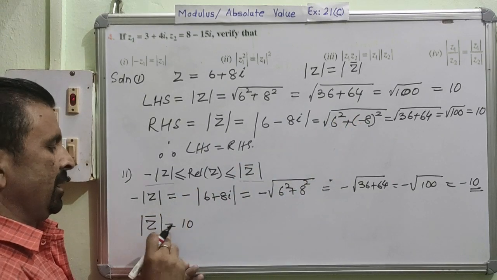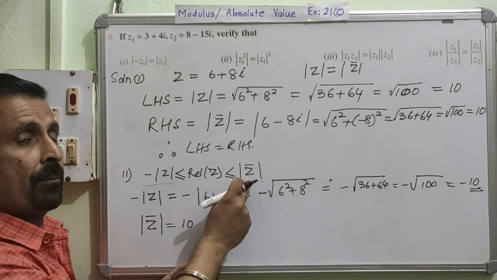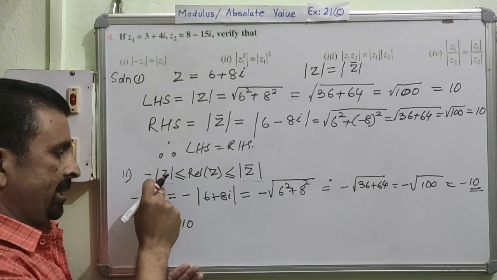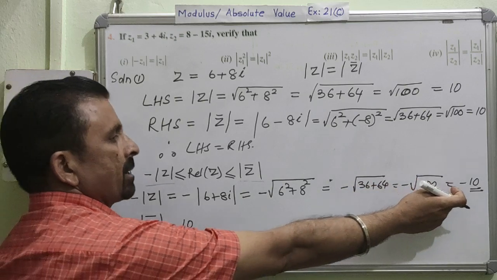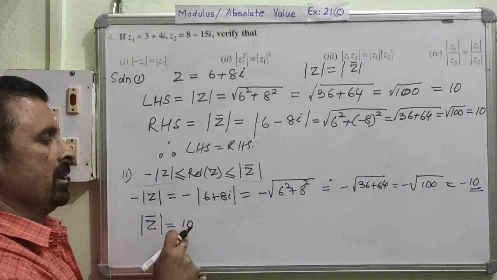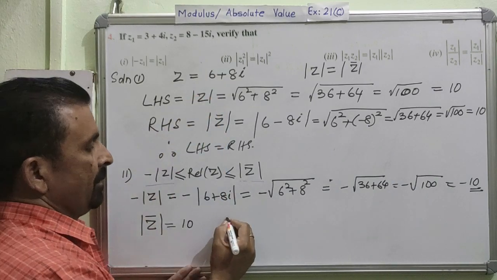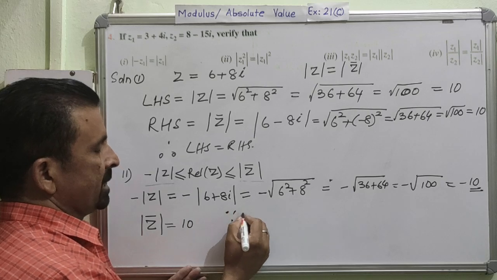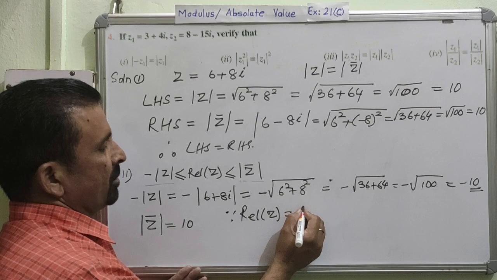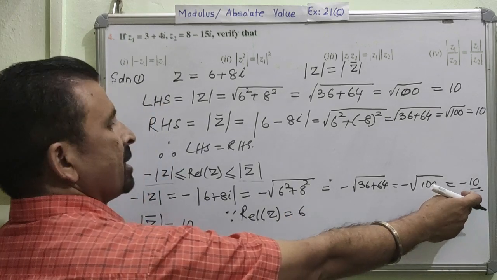Now we calculated the value of the modulus of the conjugate of z, and then the negative of the modulus of z. And you can see the values here in front of you. The left hand value is minus 10 and the right hand value is 10. And the real part of the complex number z is equal to 6, and now you can compare this value; yes, it lies between these two values.